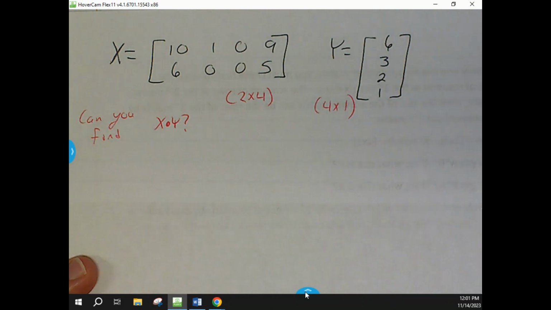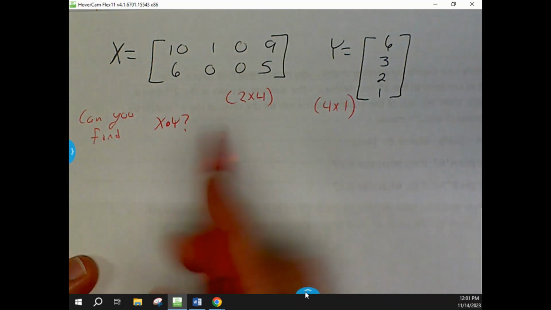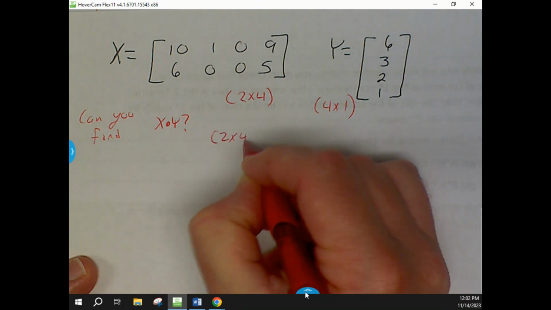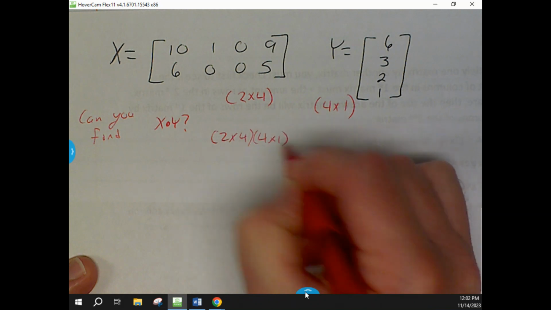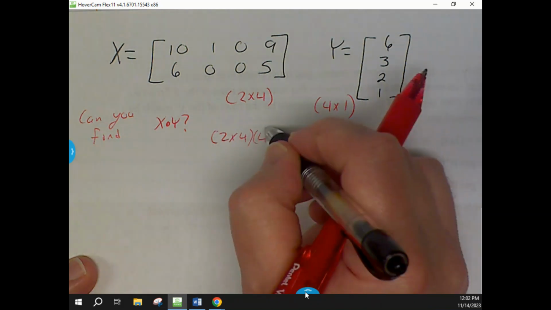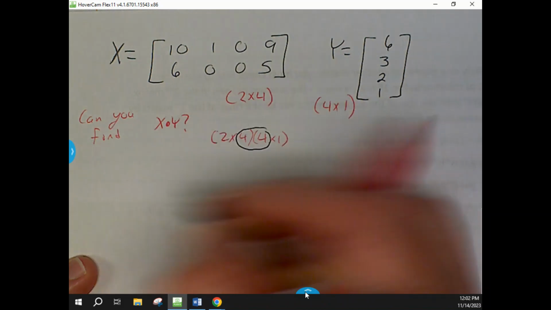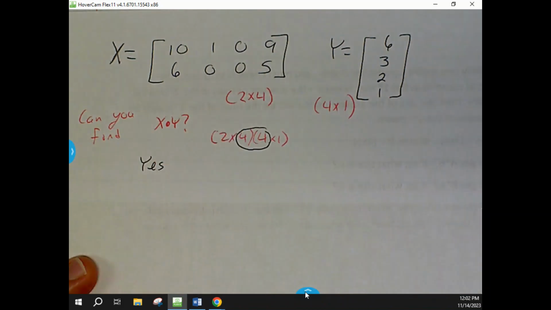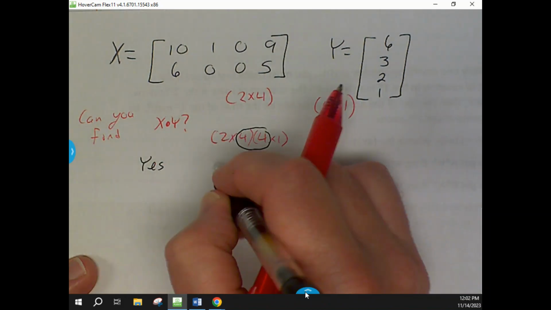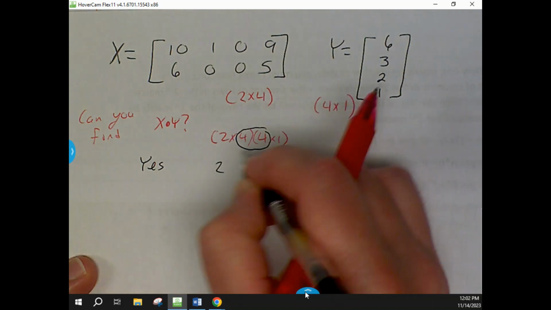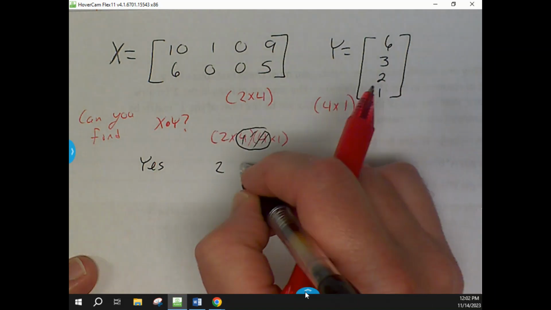So if we're going to find X times Y, it's 2x4 times 4x1. Again, these two numbers in the middle are the same, so can we find X times Y? Yes, we can. The answer size will be whatever's left over. It's going to be a 2x1 matrix.